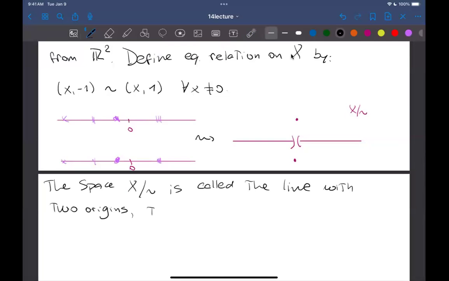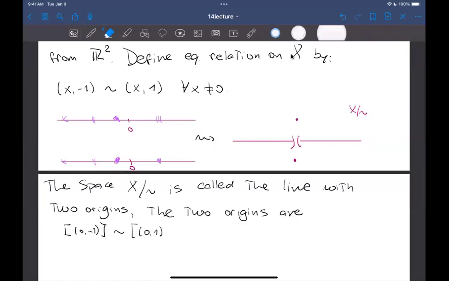Of course, the two origins are the class of the point (0, -1) on the line below, and then (0, 1) on the line above, and the class of 0. So remember the quotient space here is the collection of classes, so you have to classify.